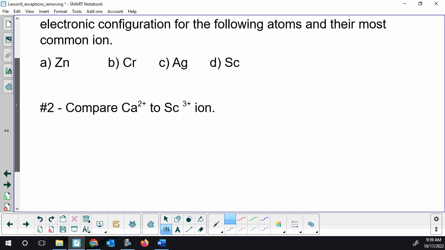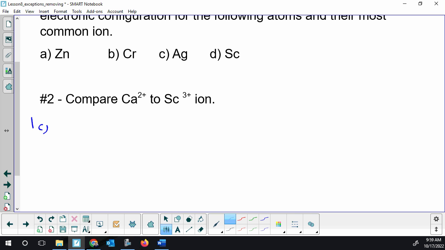So I'll put up the answer for 1C. So the periodic table is your guide for doing that answer. So I've got to do silver, and then silver plus is the most common ion. So silver, atomic number 47, the previous noble gas is krypton. Then I'm going to use the periodic table to guide me into the valence orbitals.